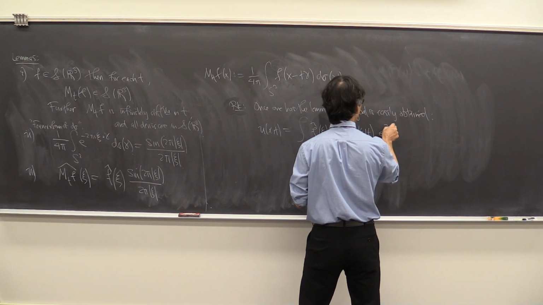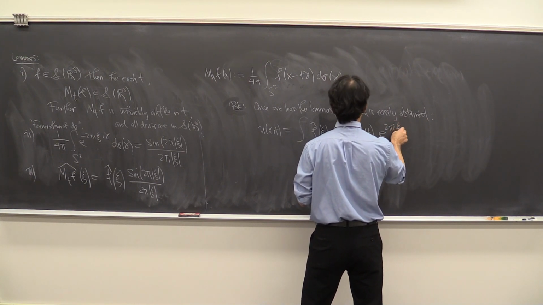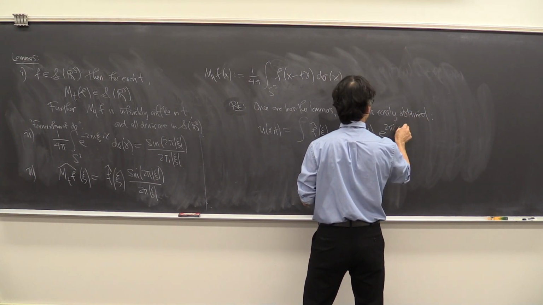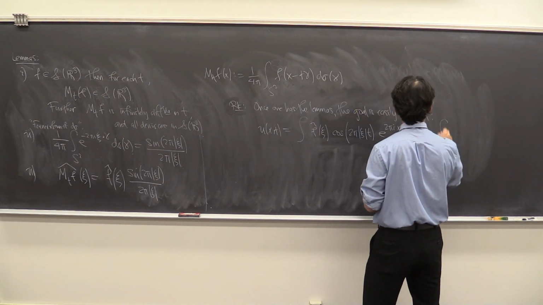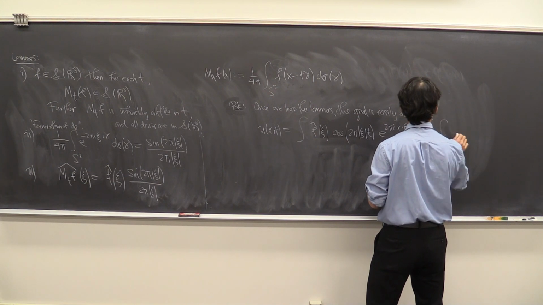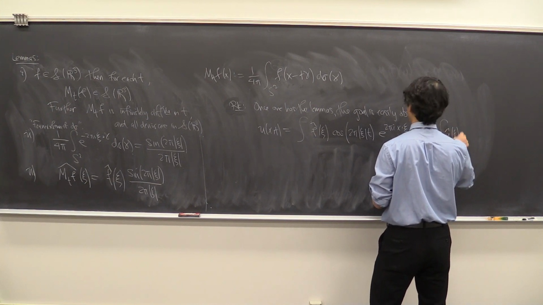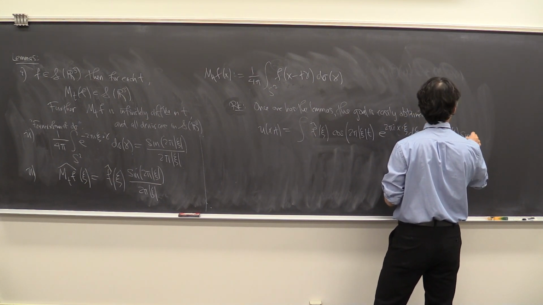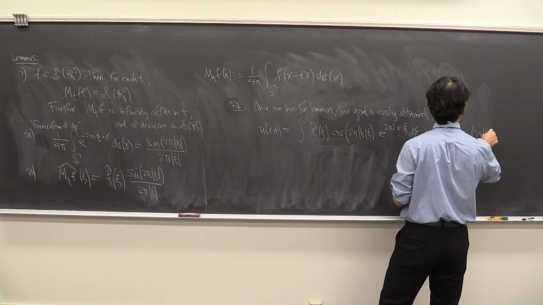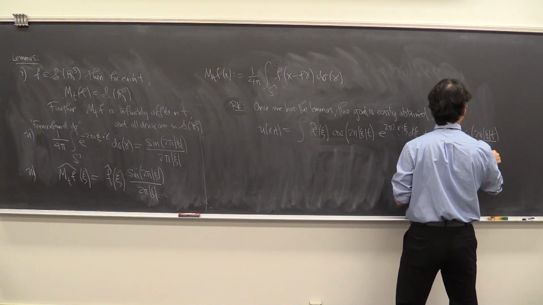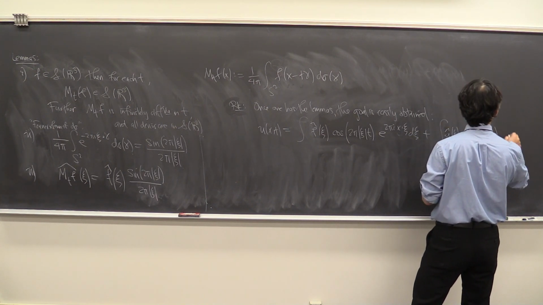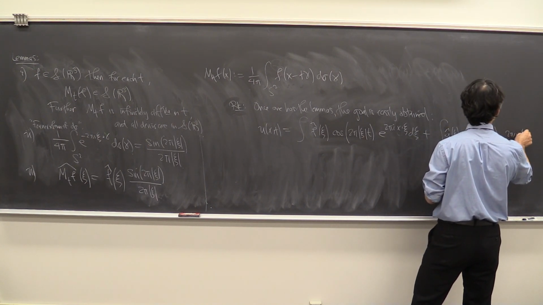Let me just break it up into two parts, plus the other part, g hat of c sine 2 pi c t over 2 pi c, e to the 2 pi i x dot c.